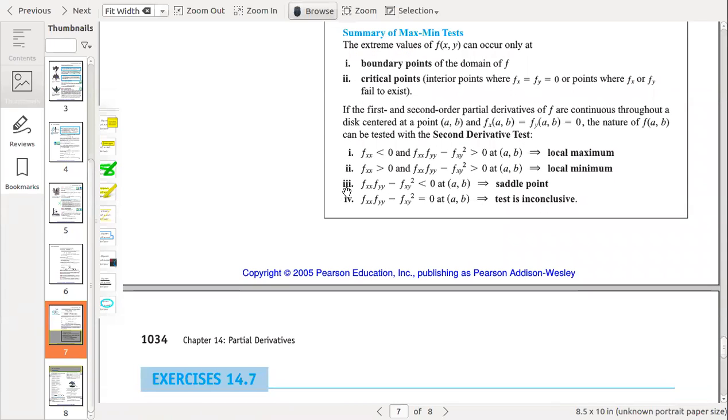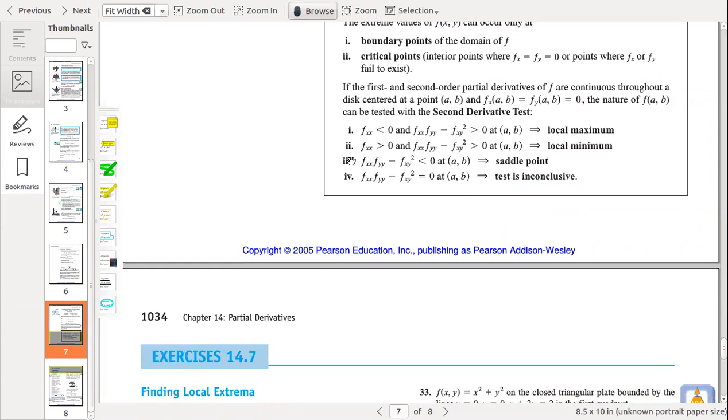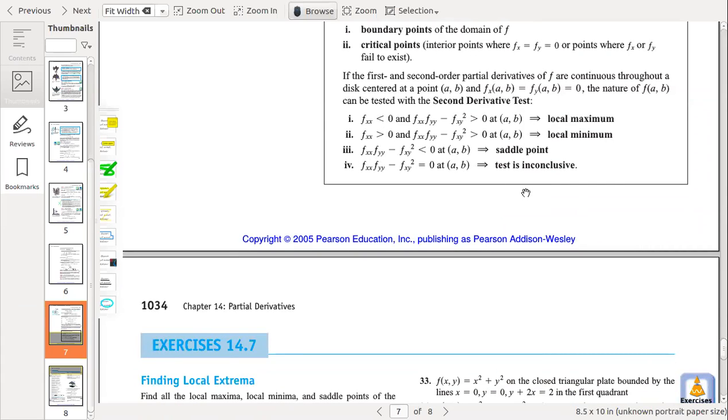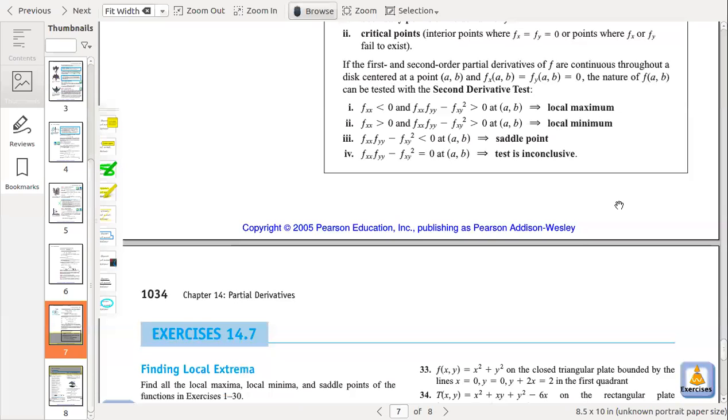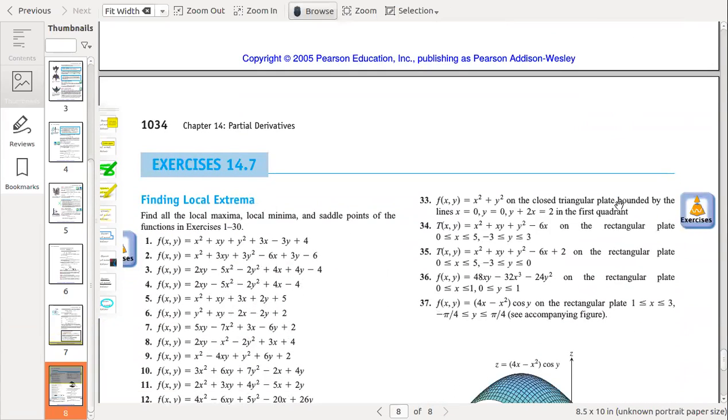Similarly, if f_xx is greater than 0 and the inequality is satisfied, we can say a local minimum exists at (a, b). And if the opposite inequality is satisfied at (a, b), we can say there is a saddle point at (a, b). If the inequality does not hold but equality holds, then the test is inconclusive and cannot be applied to find the maximum or minimum points. So that is all we want to say.